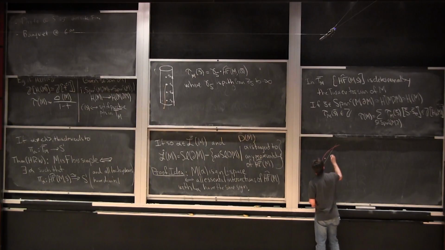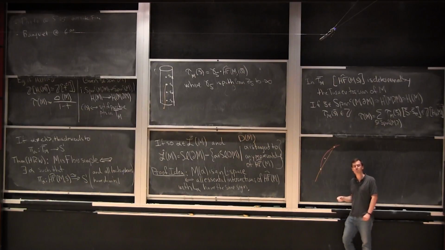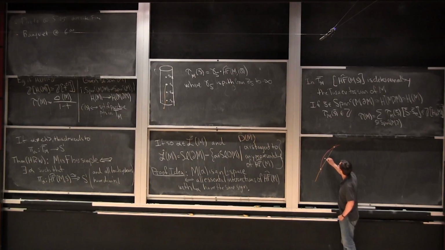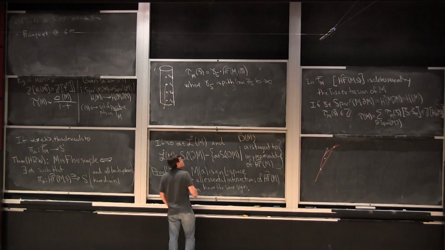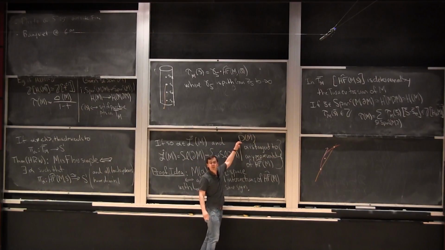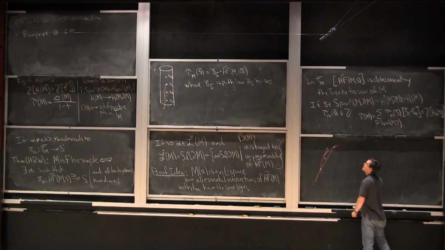Here's a puncture point, keeps me from moving. So here I have these two intersection points of opposite sign. And now here we come to the first application of freshman calculus. The mean value theorem says that there has to be a tangent direction here which points along alpha. And that's how we see this relationship between the L space filling slopes and this set of tangent vectors to HF hat of M.